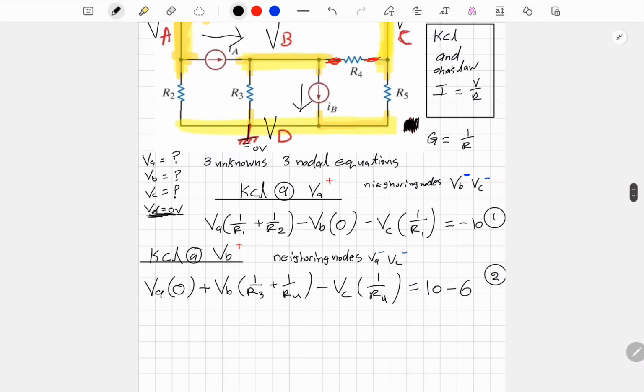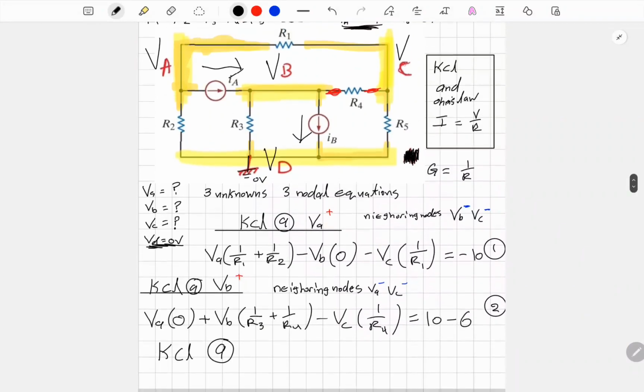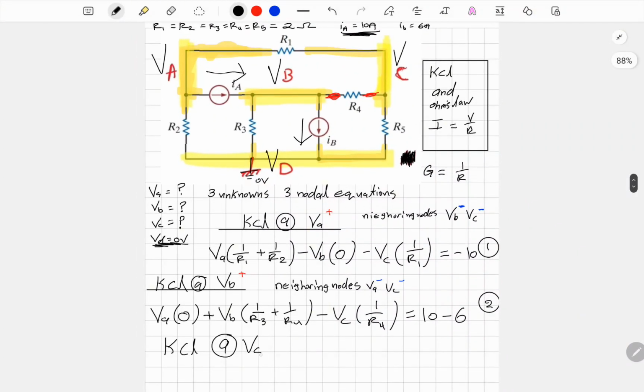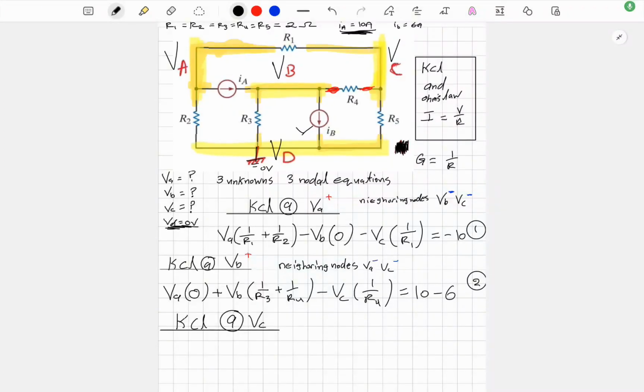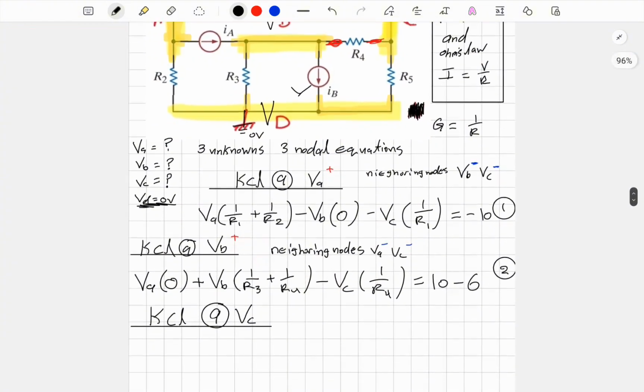Now for my final equation, I'm going to be doing KCL at VC. And I'm going to be looking at my neighboring nodes.